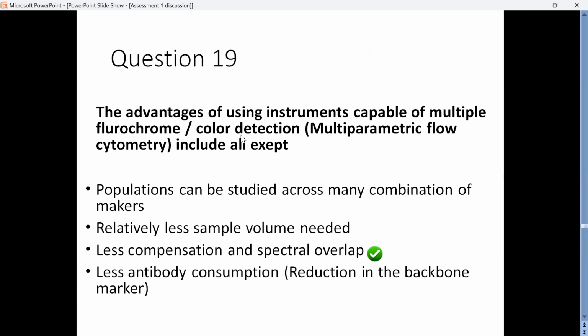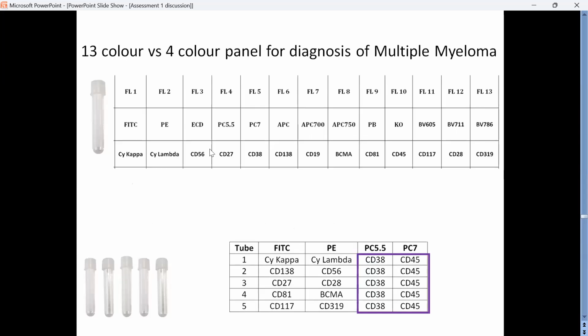So we saw about the advantages of using multiparametric flow cytometry, where using multiple markers. The problem with using such multiple markers and fluorochromes in one tube is spectral overlapping, because since you're using multiple fluorochromes, the emitted light of this will fall there, that will fall here. So there will be a problem with spectral overlap, and you need to compensate it perfectly for good results.